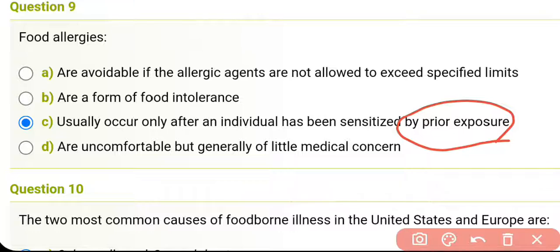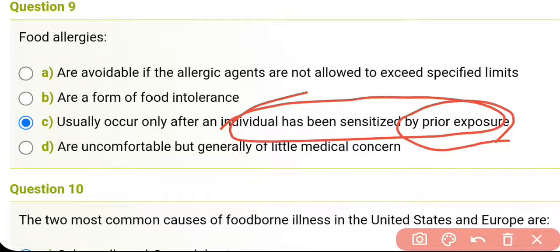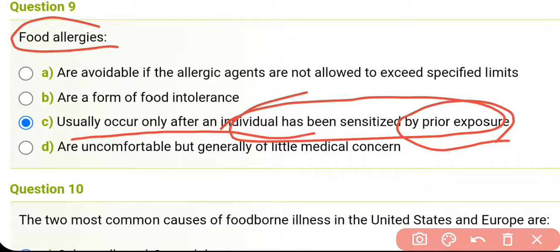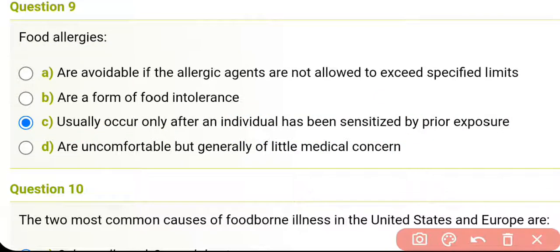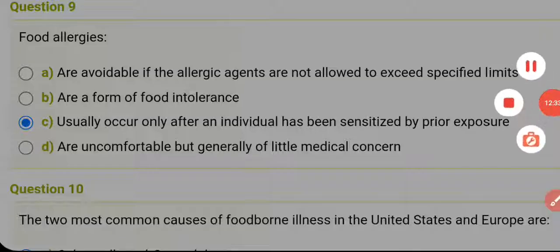Then when you take the nuts again, your immune system recognizes them as an enemy for your body, and an allergy develops. So there is a need for sensitization, prior exposure. A food allergy usually occurs only after an individual has been sensitized by prior exposure.